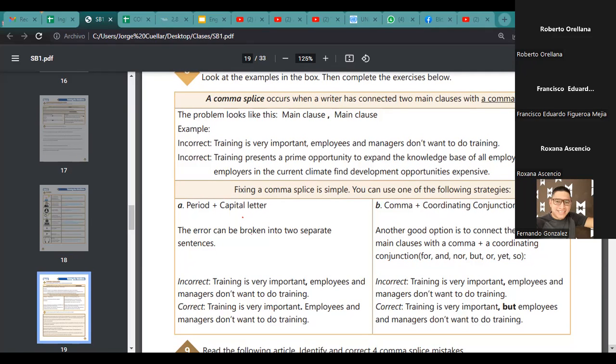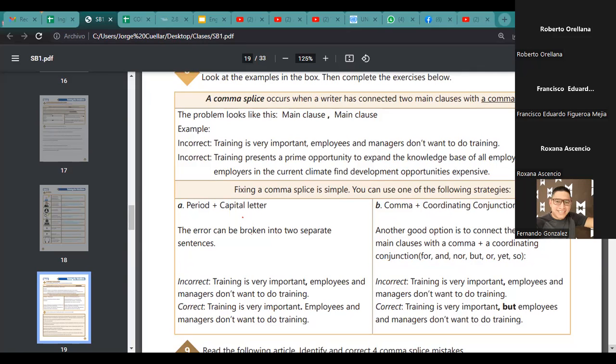Okay. Thank you. Fernando, is it possible for you? Yes, teacher, good evening. Yeah, please read the chart if you are able to. Okay. A comma splice occurs when a writer has connected two main clauses with a comma alone. The problem looks like this: main clause, comma, main clause.